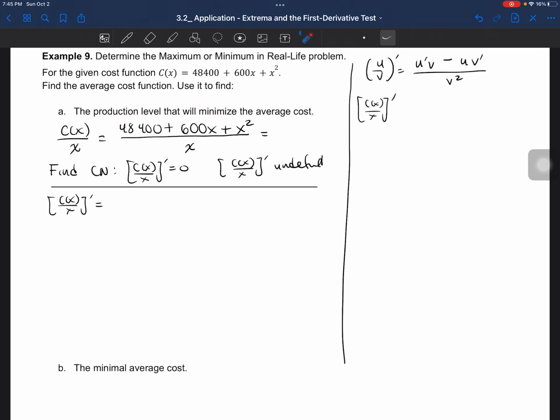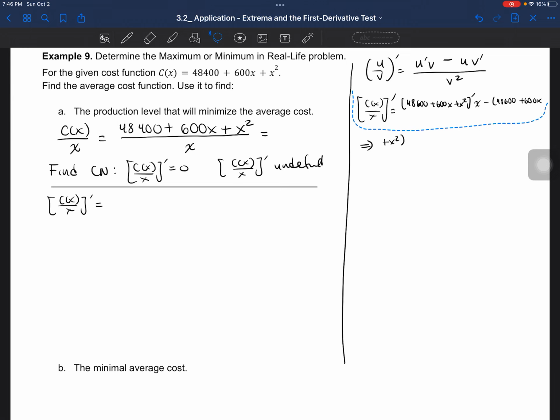The derivative of the first one prime times your bottom function minus the top function, and then times the derivative of the bottom.